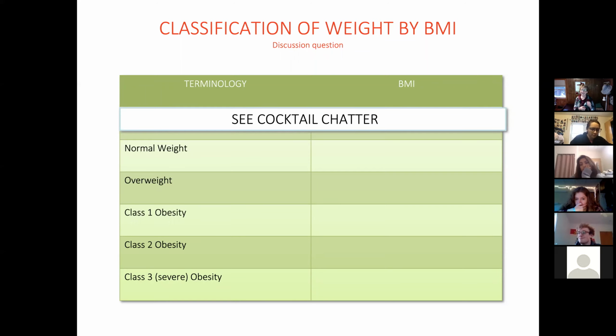I have yet to figure out what the benefit is for knowing all this information. Perhaps you can help me with it, just because I've done so much work with folks who have disordered eating and eating disorders. I just don't like to use specific numbers anymore. And BMI is an interesting classification, which we'll talk more about in discussion questions.